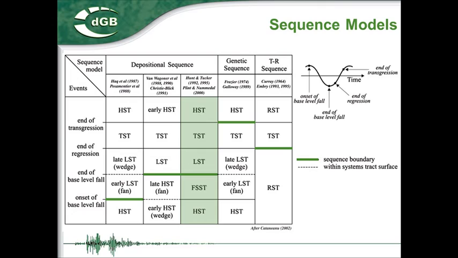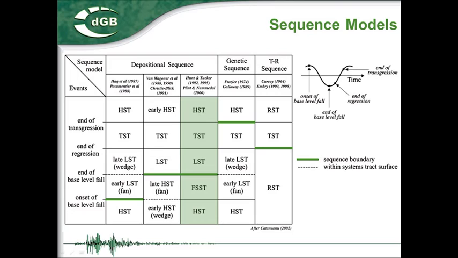The way we have just cut up this curve is what is called depositional sequence number 4, as defined by Hunt and Tucker and Plint and Nummendahl. And it divides the curve as we just did, and it puts the sequence boundary at the top of the falling stage system tracts. The other depositional sequence models are also used quite often in seismic interpretation.